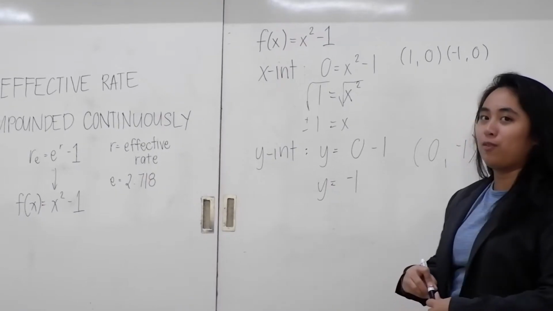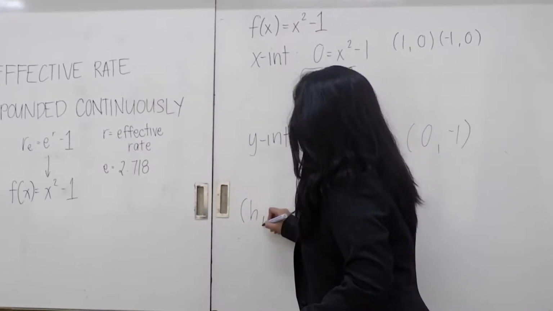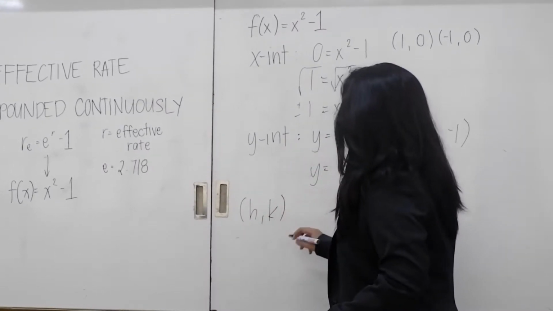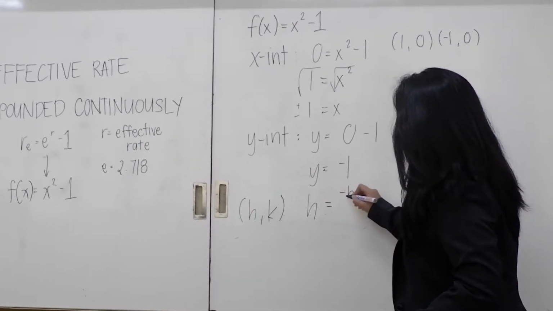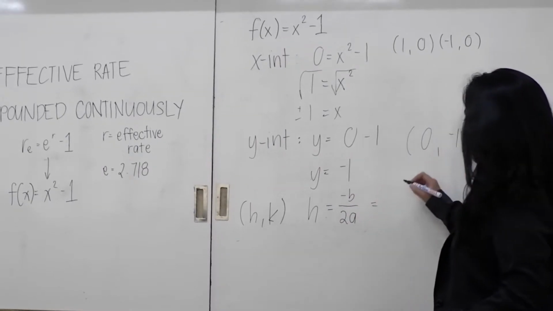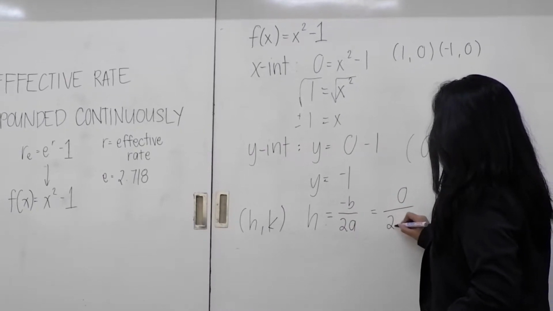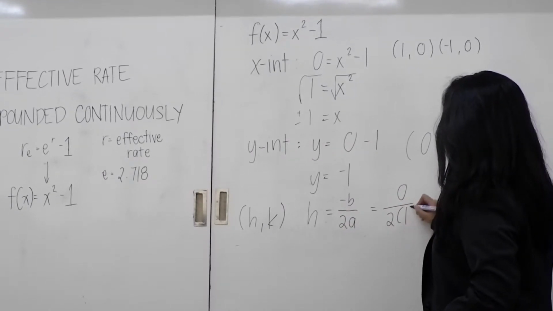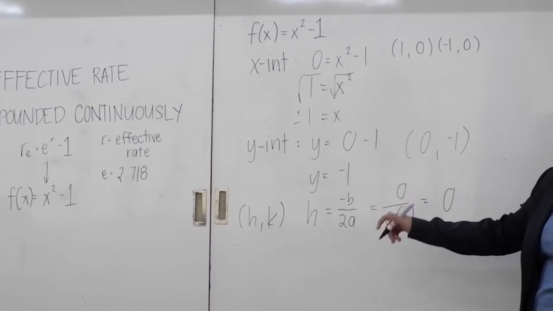Now let's get the vertex. The vertex is (h, k). First let's get the h. H is equal to negative b over 2a. Since we don't have a b, it's 0 over 2 times 1. So the answer is 0, since the numerator is 0.